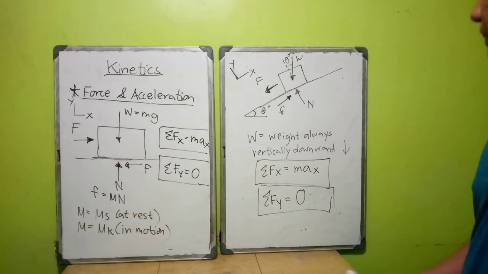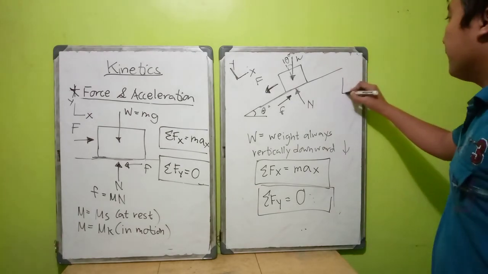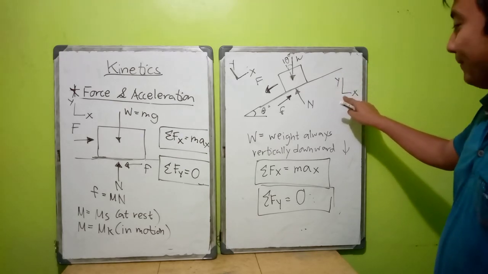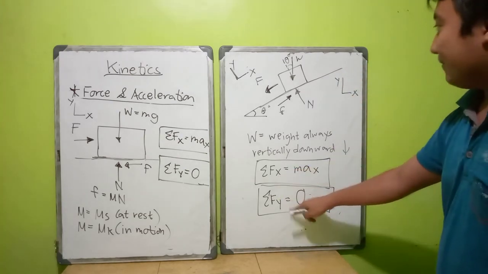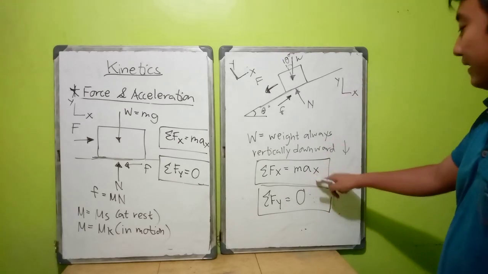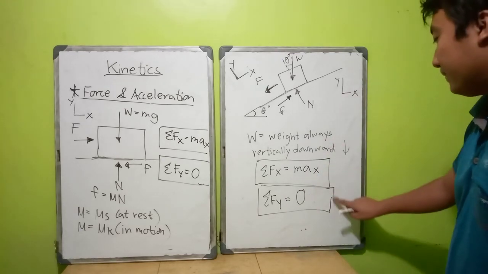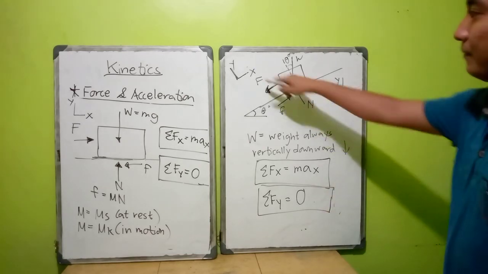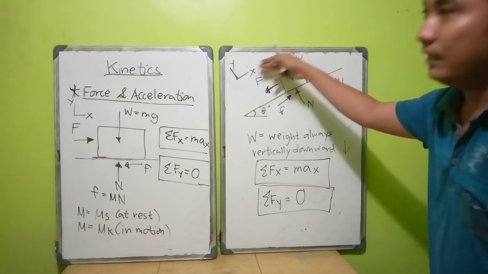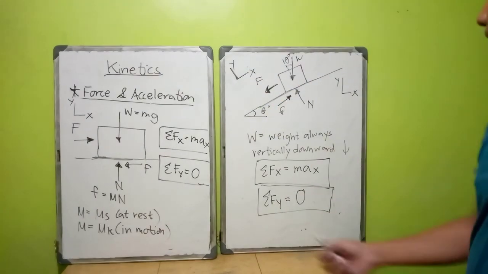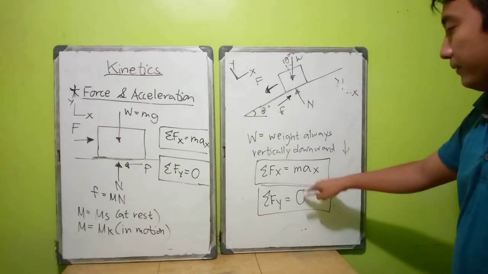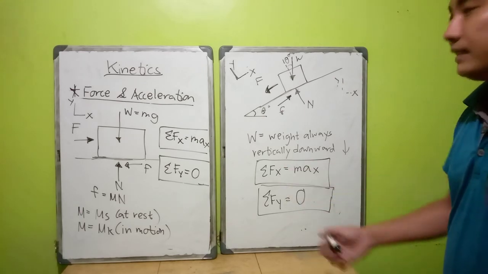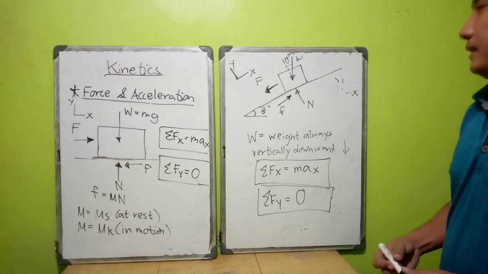But what if you use this other type? Obviously, both the x and y axes will have mass times acceleration x and mass times acceleration y. If you use this system of x and y axes, you will get 0 along the y axis and only your x axis will be equivalent to mass times acceleration.